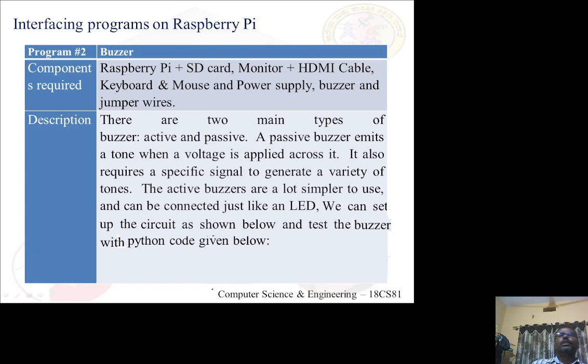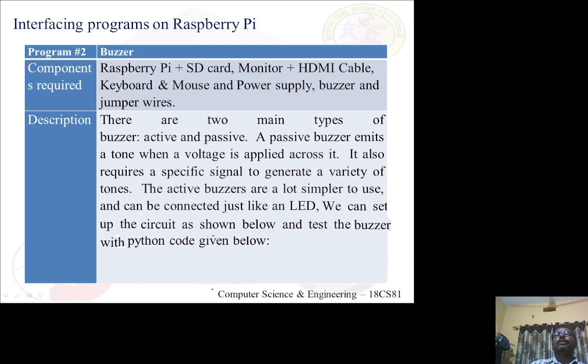As usual, some components are required: Raspberry Pi, SD card loaded with Raspbian, monitor, HDMI cable, USB keyboard, USB mouse, power supply. Now here I am interfacing a buzzer, so I require a buzzer and some jumper wires.